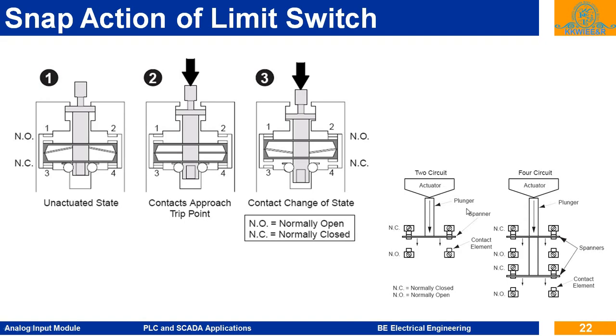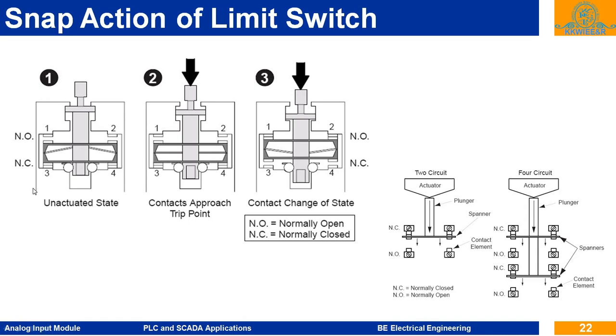And this is a plunger. This is an actuator. There are four circuits, meaning 2 NO, 2 NC contacts. So when you have to purchase the limit switch, you have to mention the number of contacts, whether you require 1 NO, 1 NC, or 2 NO, 2 NC contacts.